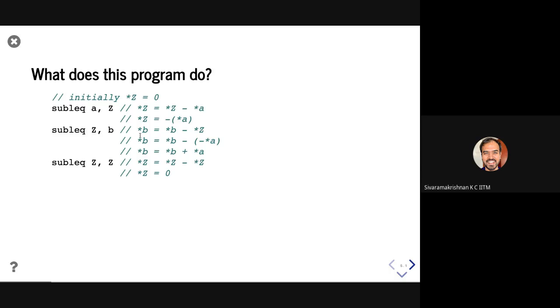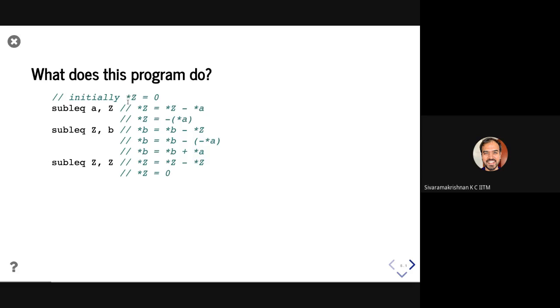We just apply the same rule. It says *B = *B - *Z. But we know that the value in *Z now is minus *A, so you replace that here. And what you get is *B = *B + *A. And the last instruction, again, apply the same pattern. *Z = *Z - *Z, which gives you 0.